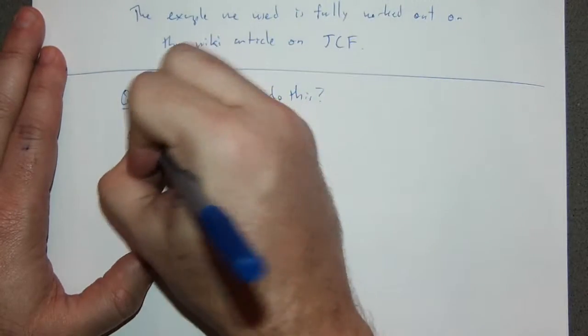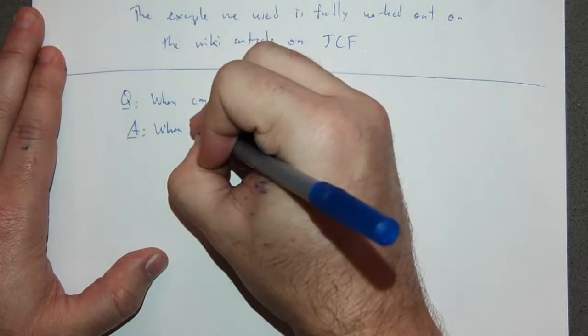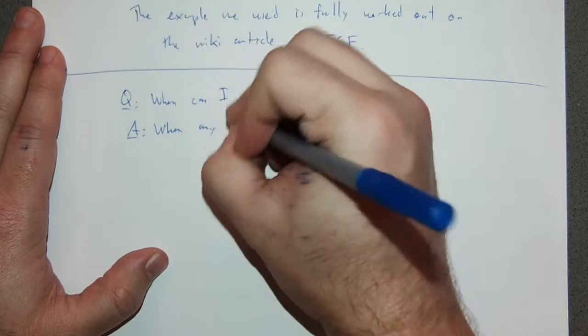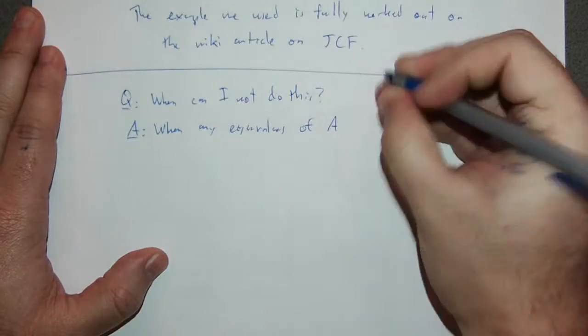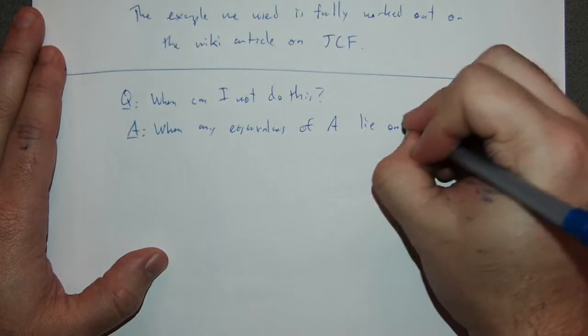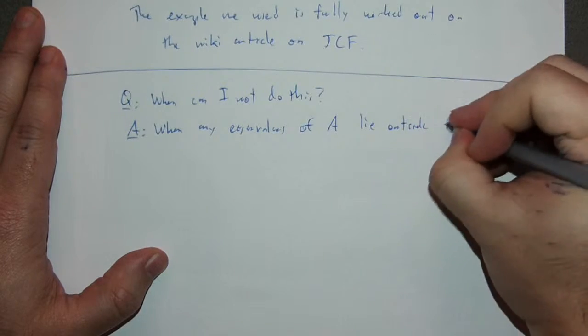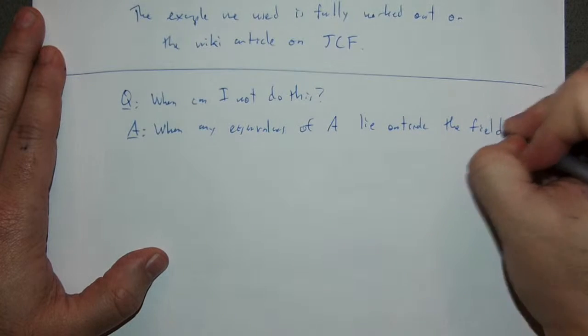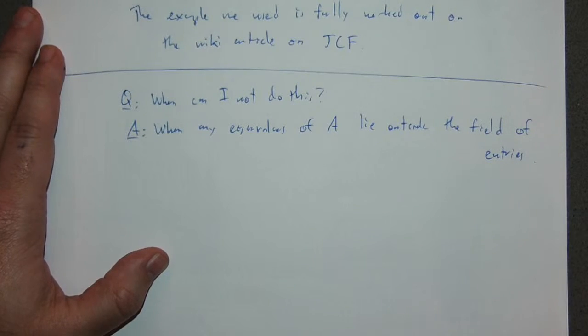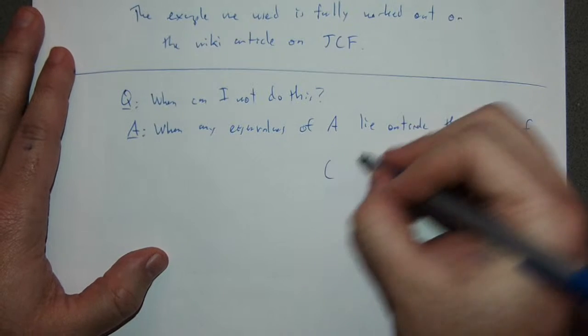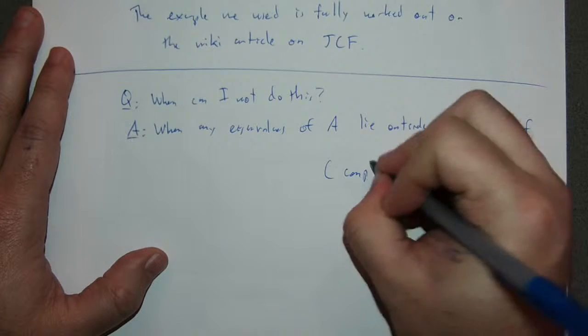The answer is when any eigenvalues of A lie outside the field of entries. For instance, complex eigenvalues lie outside R.